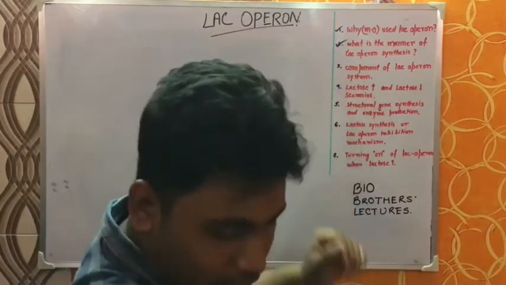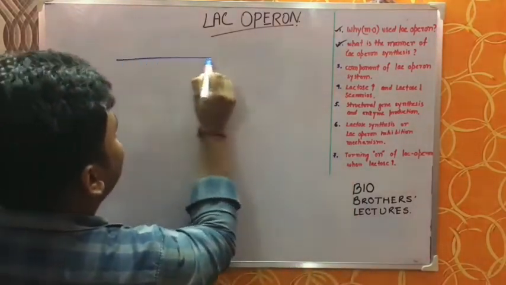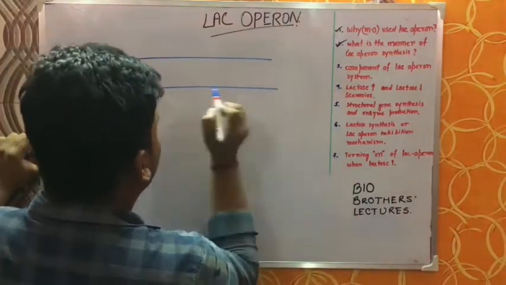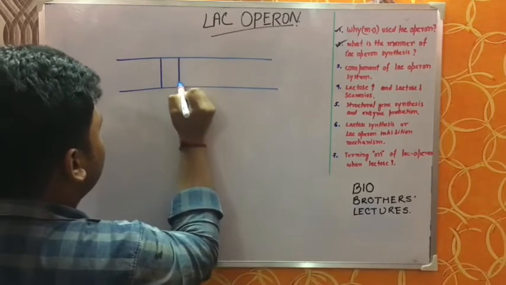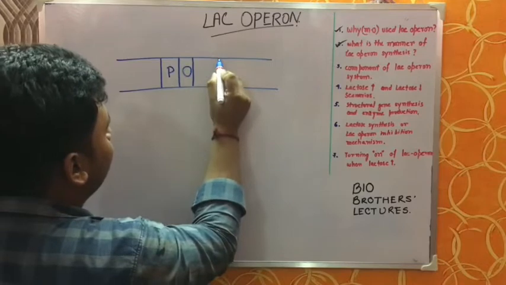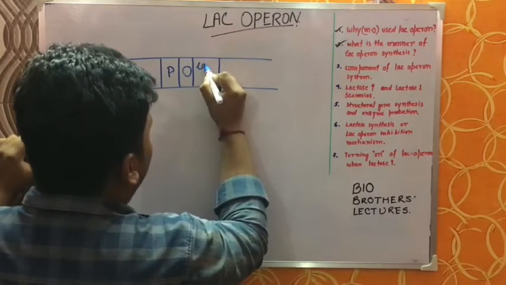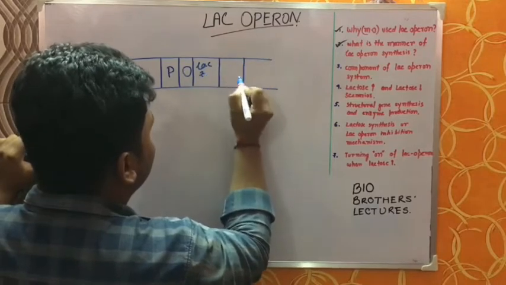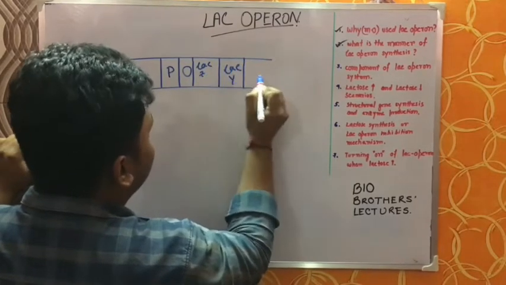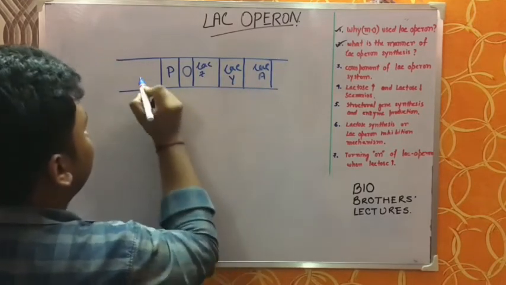In third, we are going to discuss the components of the lac operon. This is the lac operon. This is the promoter sequence. This is the operator sequence. As I have drawn it earlier, lac Z sequence, lac Y sequence, lac A sequence.